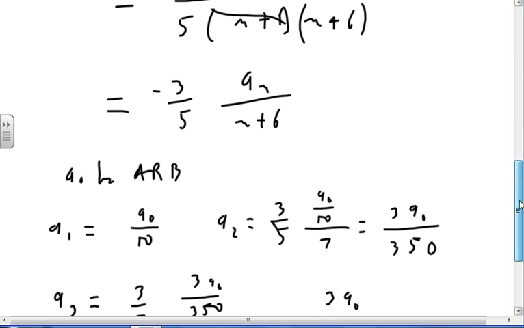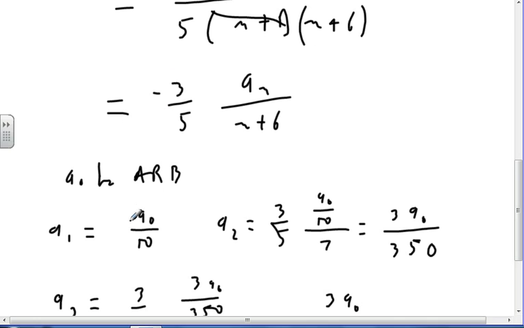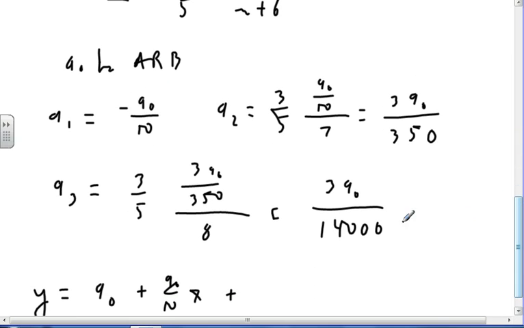So there's a minus sign there, which makes this guy a minus, which makes that guy a plus, which makes this guy a minus. All right, so that'll help some. Minus A0 over 10 plus 3A0 over 3500. Oh, one too many zeros.